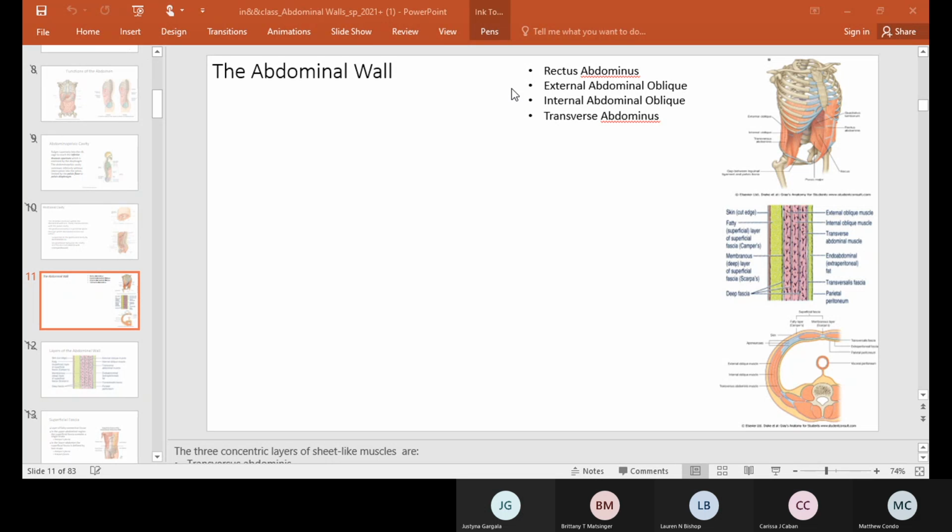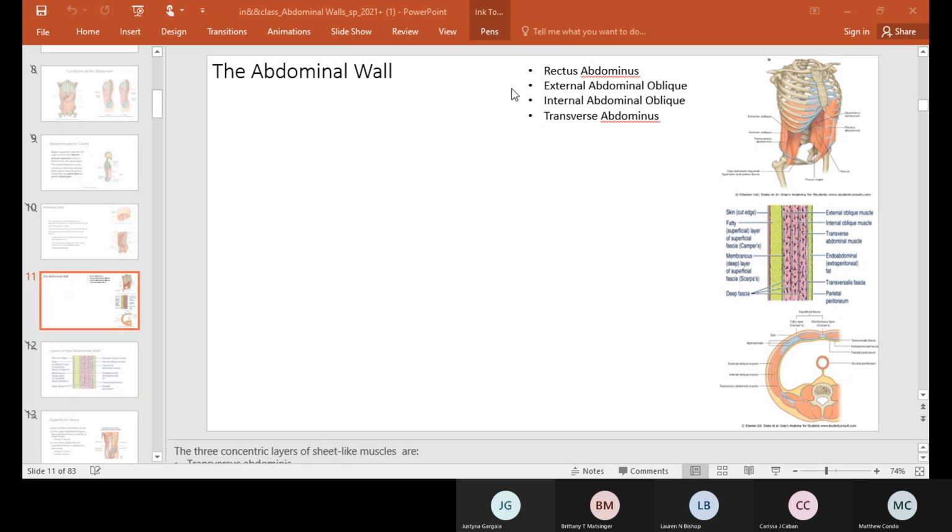So transverse abdominis, really super easy. Increases intra-abdominal pressure. Internal abdominal oblique. Okay, remember that's my up and in muscle, right? So internal abdominal oblique, up and in.